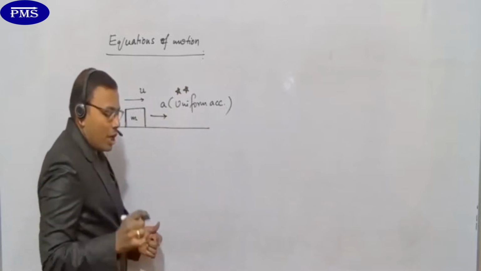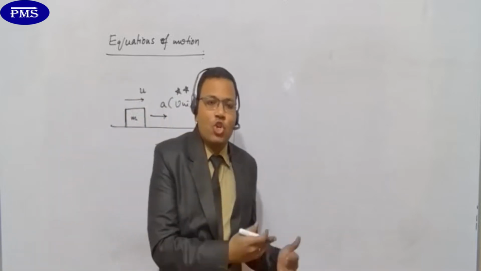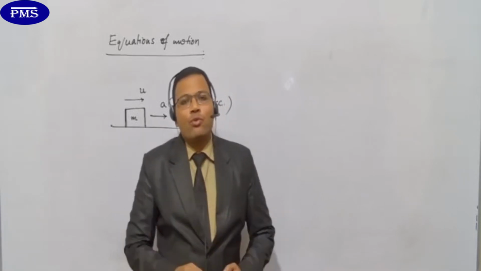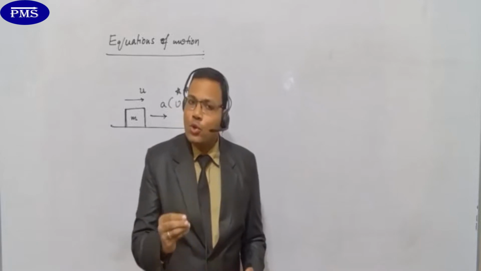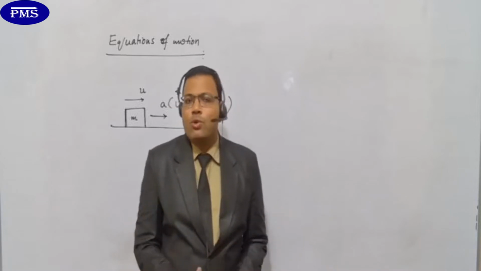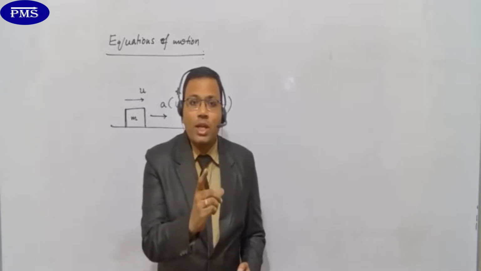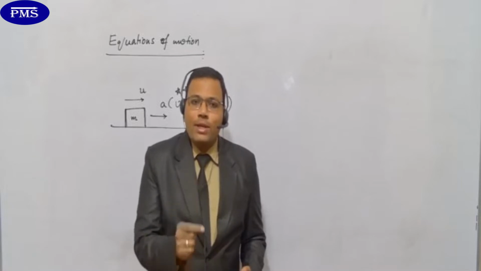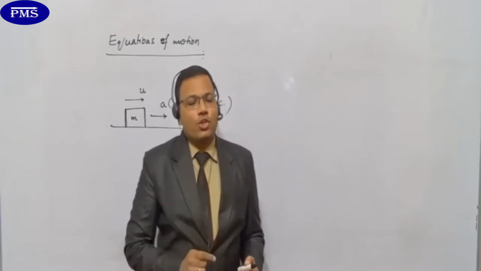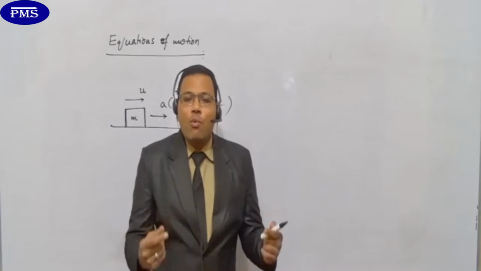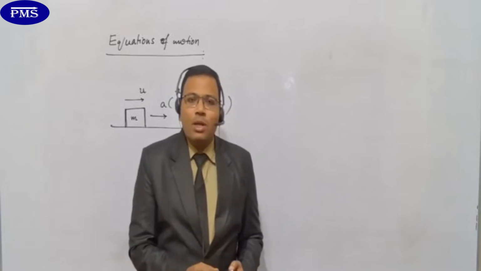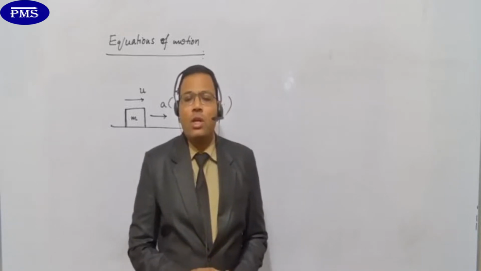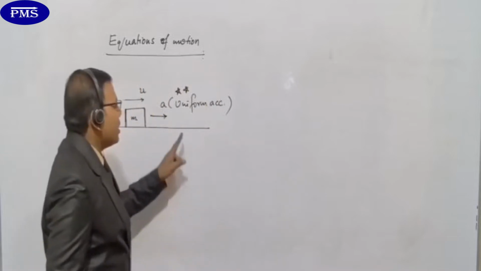In order to apply the equations of motion we are going to study, the body, the particle has to move with कांस्टेंट एक्सेलरेशन और यूनिफॉर्म एक्सेलरेशन. इसका एक्सेलरेशन चेंज होता है बेटा, तो आप इक्वेशंस ऑफ मोशन नहीं लगा सकते हैं, ये आप लिख कर रख लीजिए. If the acceleration of the body is changing, then we cannot apply the equations of motion. These equations of motion are applicable if and only if the object, the body or the particle is moving with a constant acceleration. ठीक है, चलिए ये चीज बहुत जरूरी है.